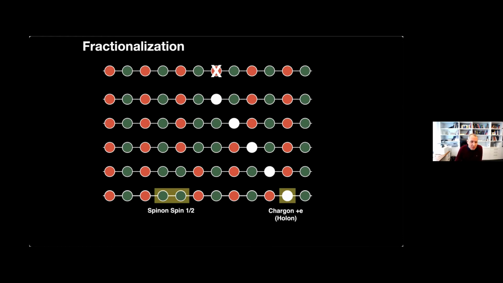So the spin quantum number and the charge quantum number in this 1D setting have become deconfined. You've done basically what seemed impossible for an electron in free space, where you cannot separate the spin from the charge of the electron. In a condensed matter system, you can actually do that, and this is how this process works.